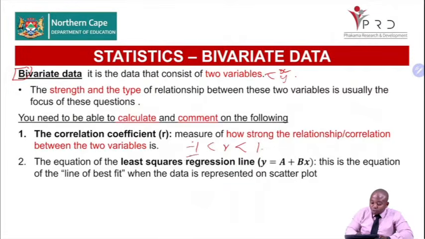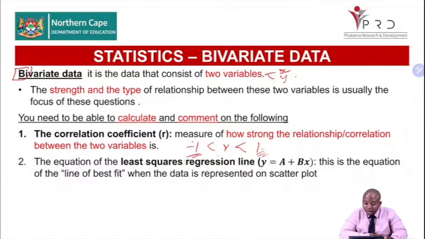When R is closer to -1, we have a strong negative correlation. When R is closer to +1, we have a strong positive correlation. And in the middle, when R is between 0,3 and 0, we have a weak positive correlation. When it's between -0,3 and 0, we have a weak negative correlation.